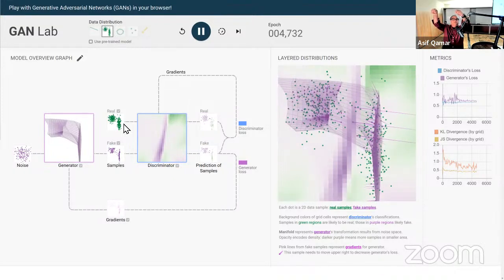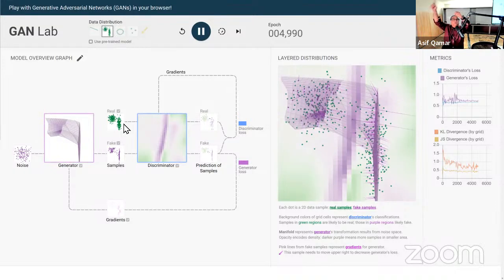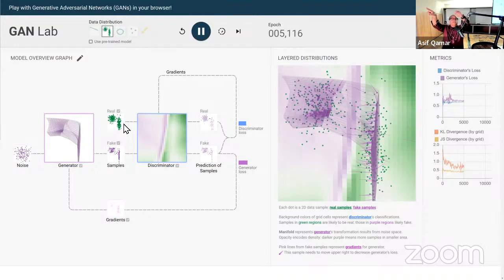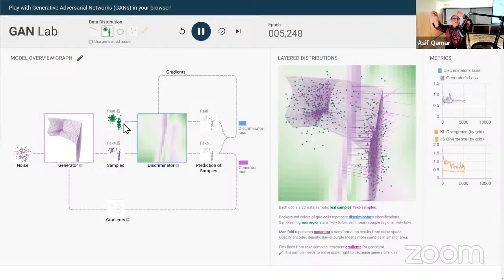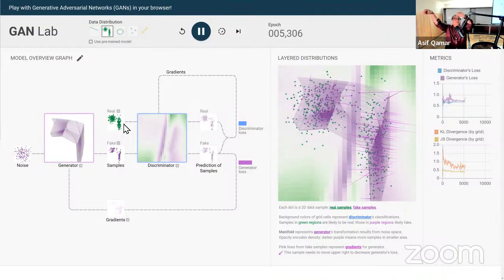But listen to me. You are neither the generator nor the discriminator. You are the code. You know the answer. So you can then say, hey, I will take the log of your probability. Why? Because I knew that this was real.